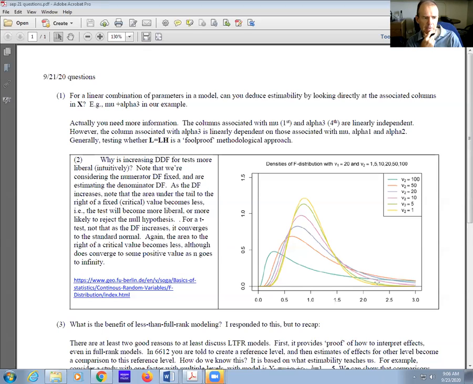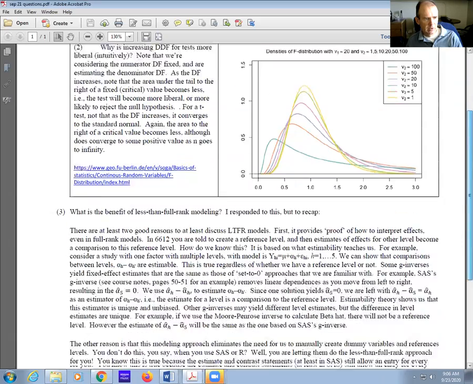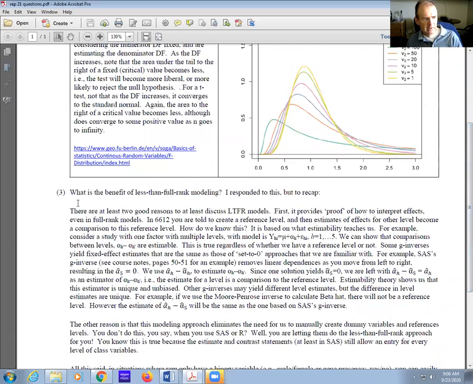We have various methods to estimate degrees of freedom. Before I close this out, there were 3 or 4 questions that came up last time, and I put some responses. One is, what's the benefit of using less than full rank modeling?